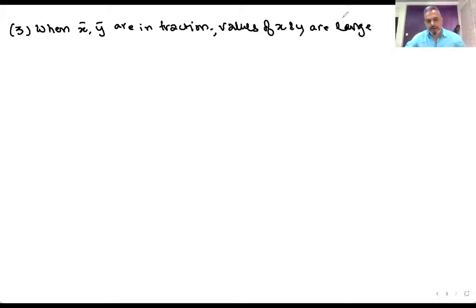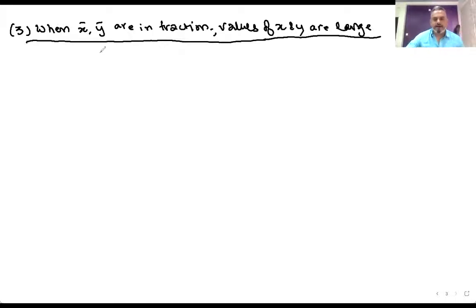Large means what? These are basically 3-digit numbers, 4-digit numbers, where you cannot directly do a square of it or multiply without a calculator. So when x bar, y bar are in fraction and values of x and y are large.